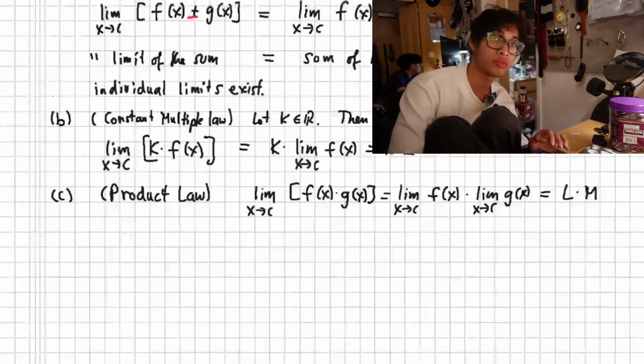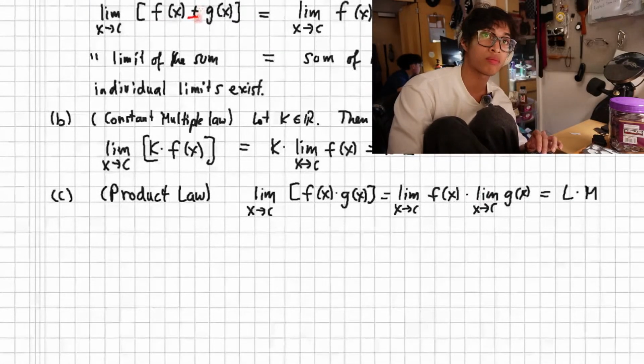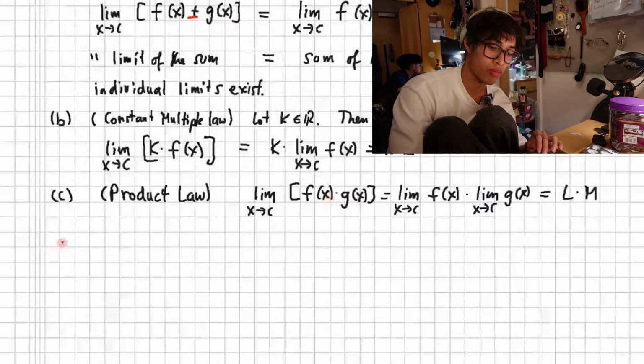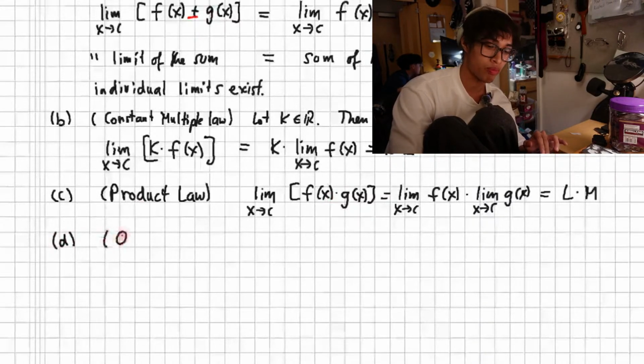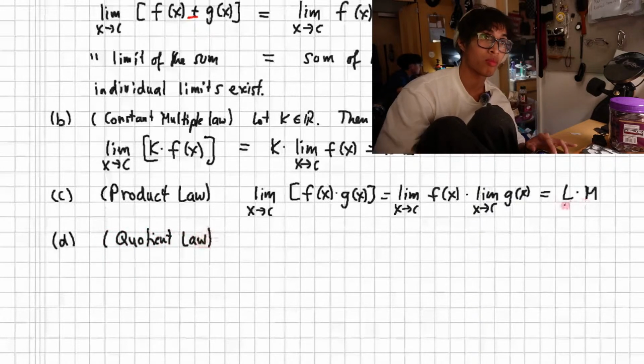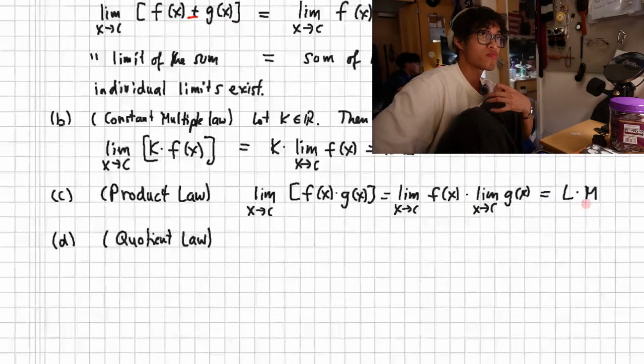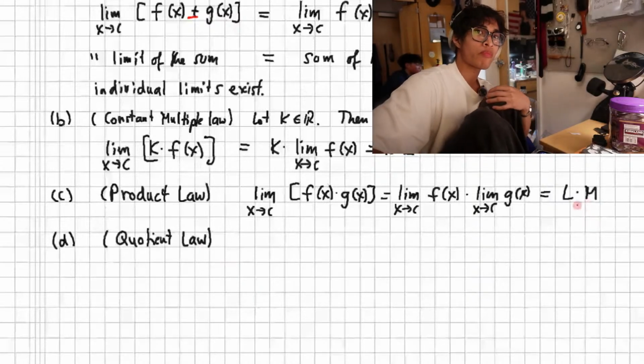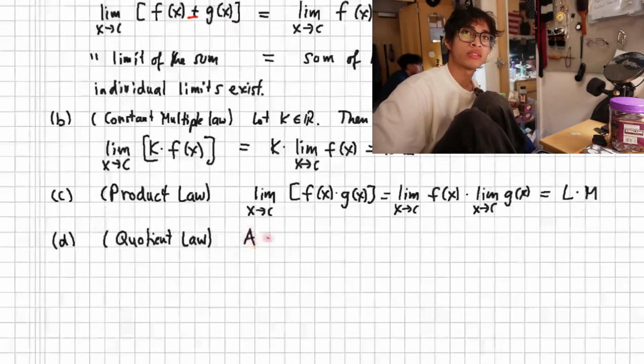The next one, well, you can guess, we've done sum, difference, product. The next one is going to be the quotient law. I don't want to just introduce that in here because there's an additional wrinkle that we need to address. When you're multiplying, it does not matter what values L and M are, but you know for sure that I cannot divide by 0, so if I want to have L over M as my final answer, I need to assume that M is not equal to 0.